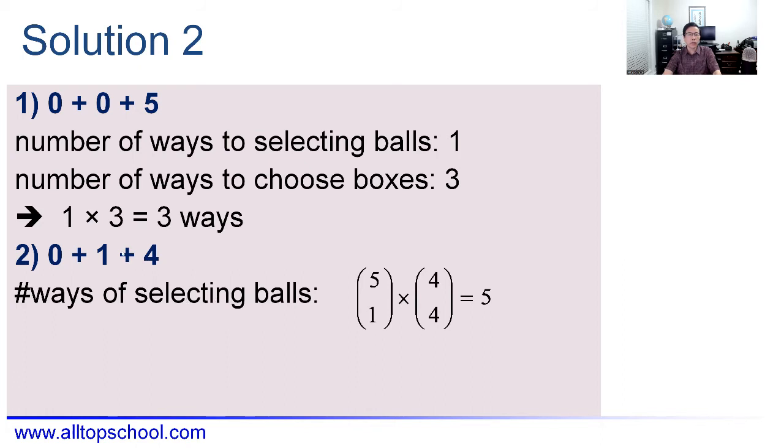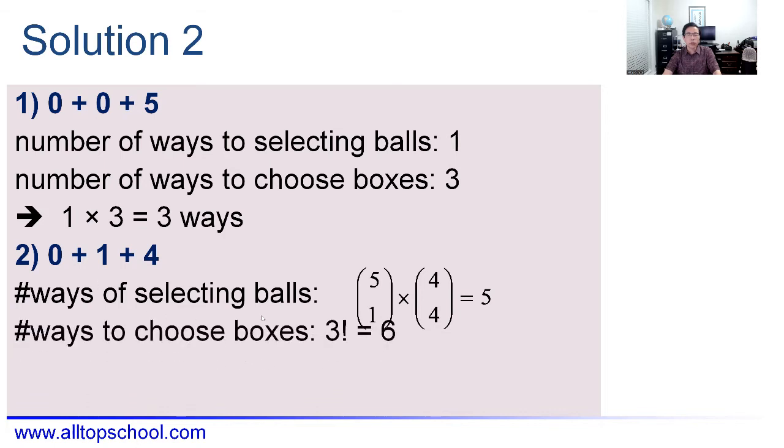And then after that, we're going to select the boxes. The number of ways to choose the boxes is 3 factorial, 6 ways to arrange them. You can put it like the first box is 0, the second box is 1, the third box is 4. Or you can do first one is 0, second one 4, the third one is 1.